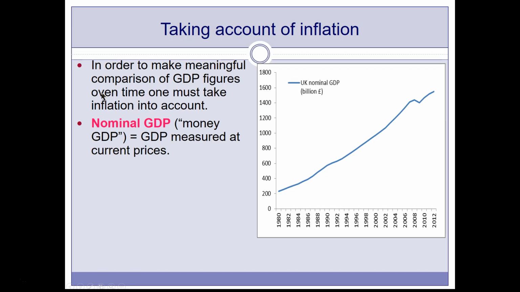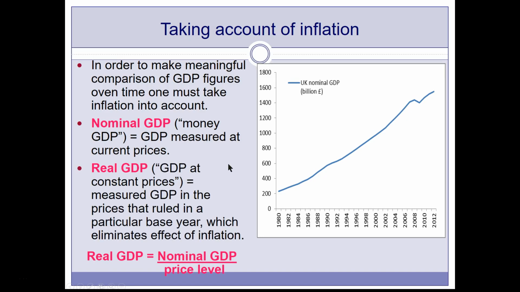However, when we try to make meaningful comparisons of GDP figures over time, if we want to compare, for example, standards of living in 2012 compared to, let's say, 1992, we'll need to take inflation into account because prices are rising too during this period. Prices are totally different. In other words, we need to calculate real GDP, or so-called GDP expressed in constant prices.